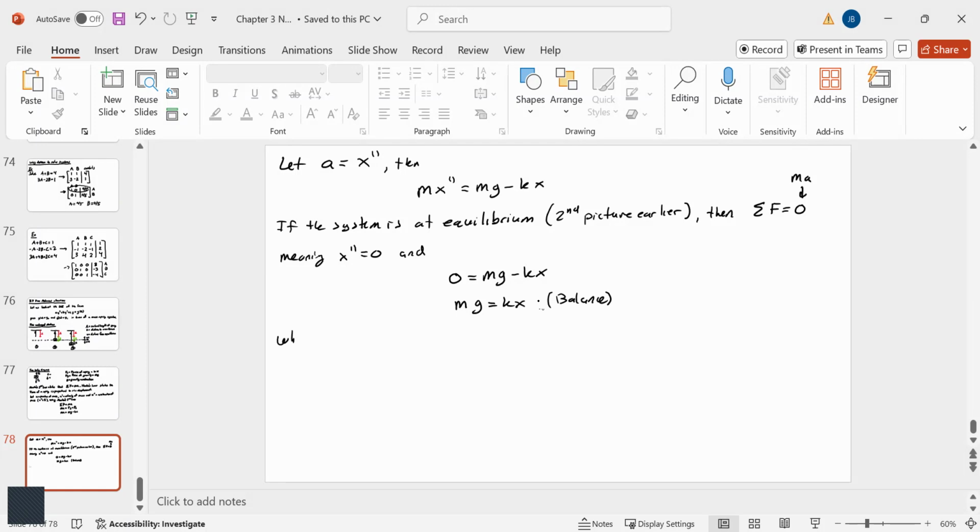So when motion is applied, then the system is not in equilibrium.